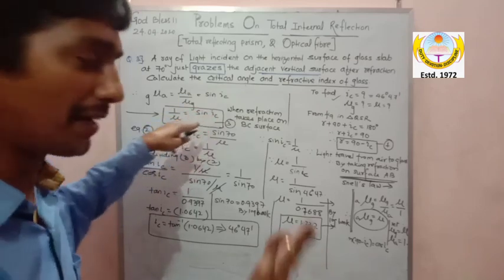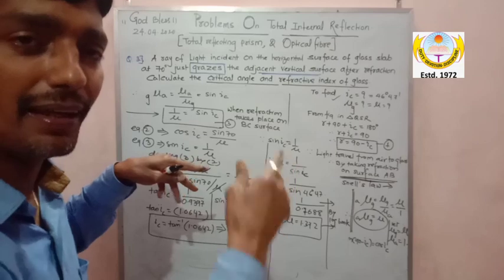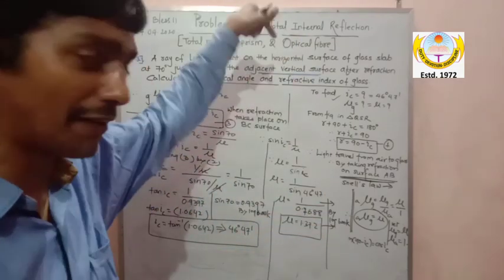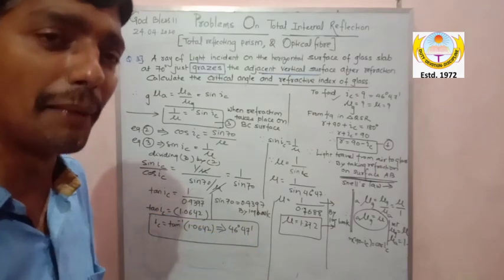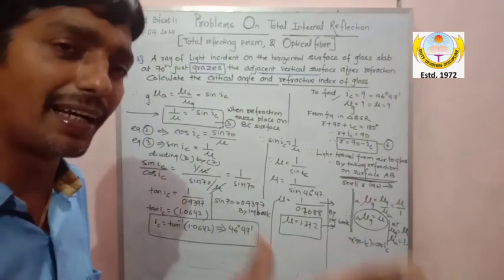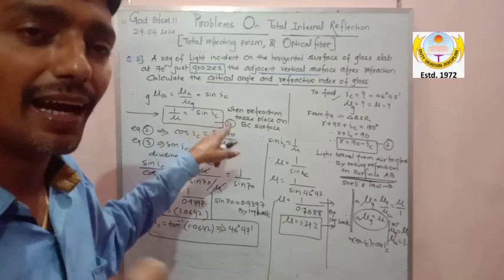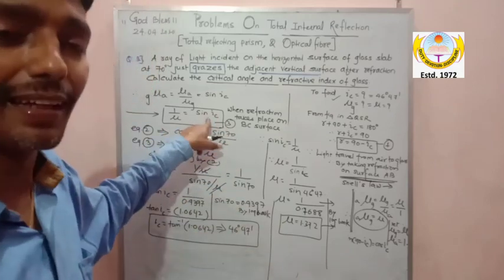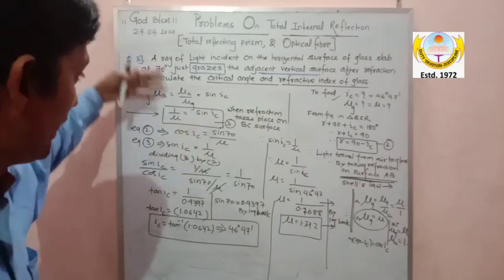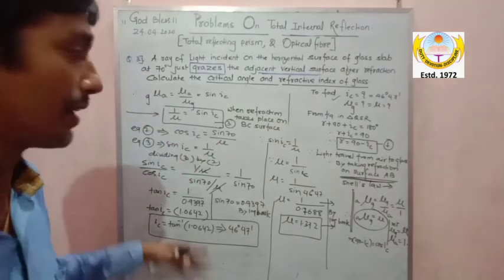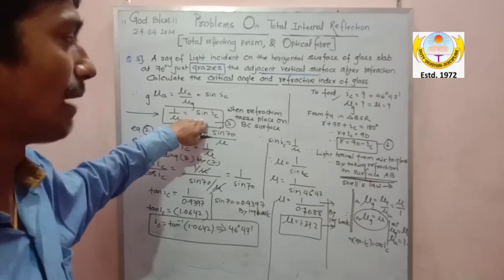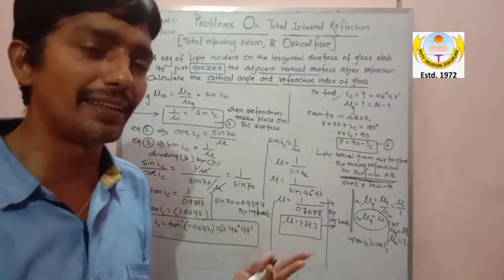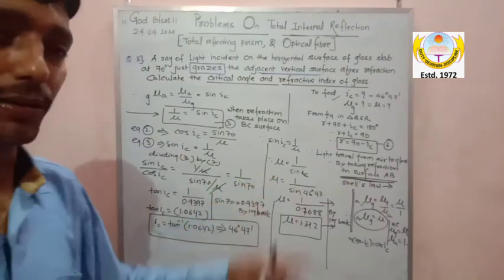Sometimes, as soon as the surface BC comes and the refraction takes place at 90 degree, grazing on the surface, it means the incident angle on that surface becomes the critical angle, and you can directly use the formula relating mu and critical angle, sin IC is 1 by mu. Or in case, beta, you are stuck somewhere, you derive it yourself, get this value, and then just take the ratio of sin IC and cos IC and get everything.